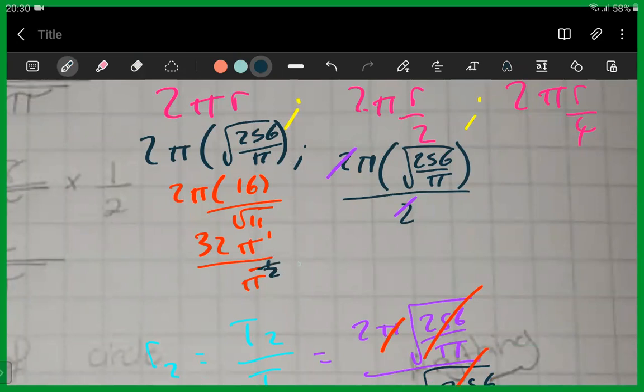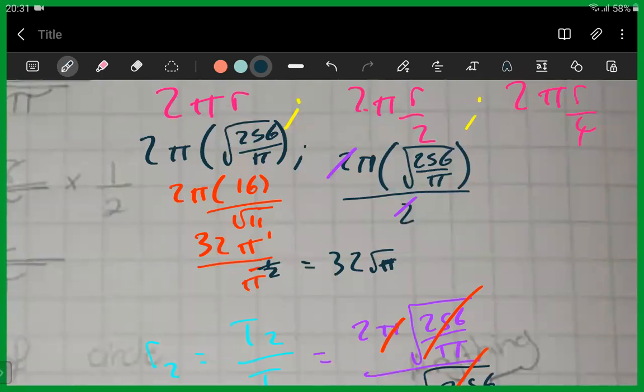So 1 minus a half is just a half. You can just write it as 32 square root of pi here. If you want to have pi to the power of a half or pi under square root, it is up to you. They are both 100% correct. So that's where he got his 32.